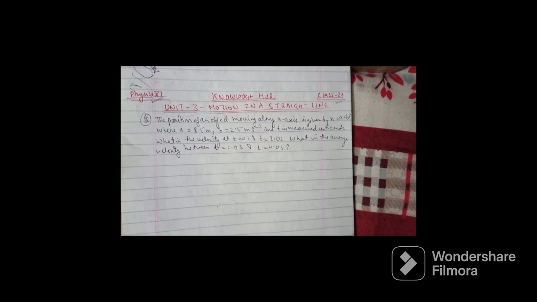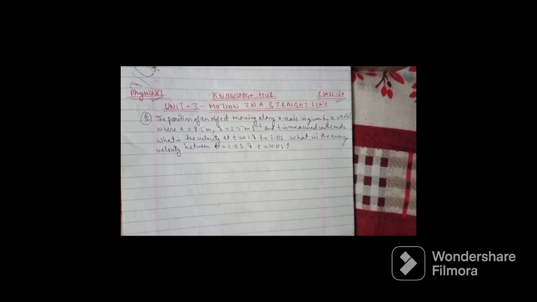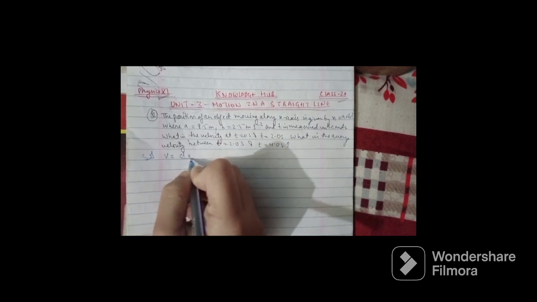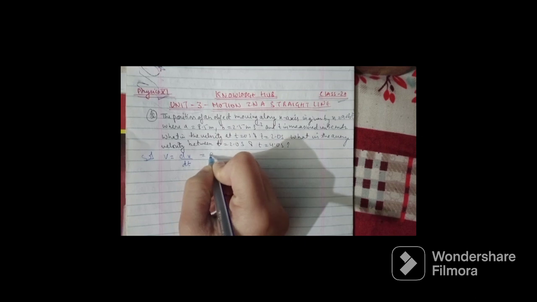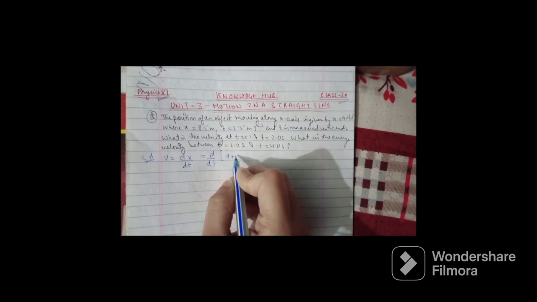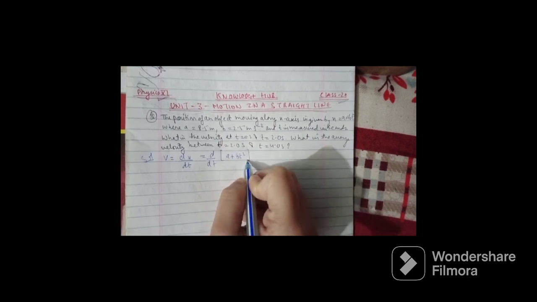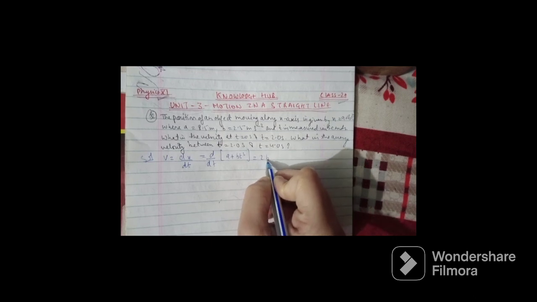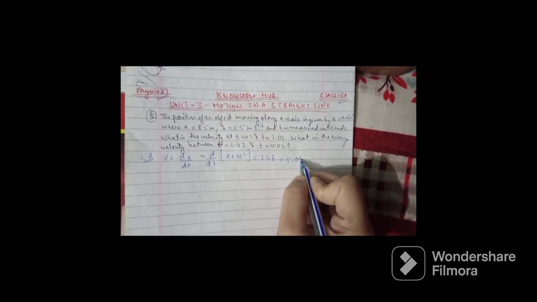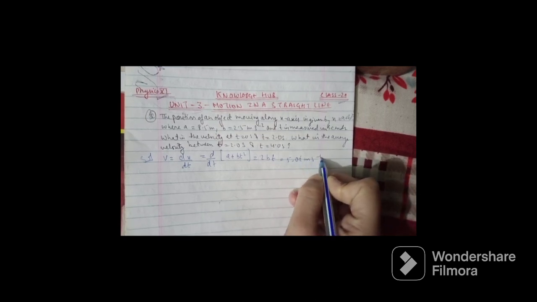In the notation of differential calculus, the velocity is v equals dx by dt, which equals d upon dt of a plus b t square, which is 2bt, which is 5 into t meter per second.